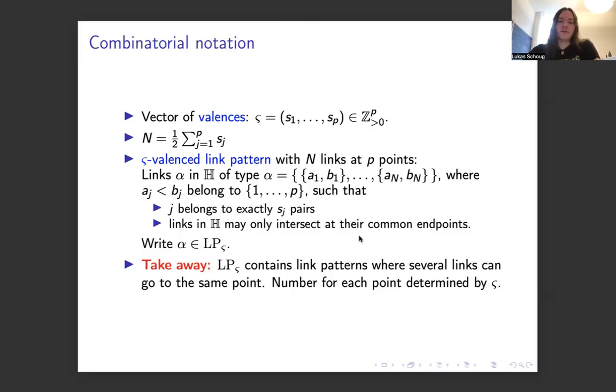And the number of curves which grow out of a point or terminate in a point are determined by bar sigma here, so that the point xj has exactly sj curves coming into it or leaving it.